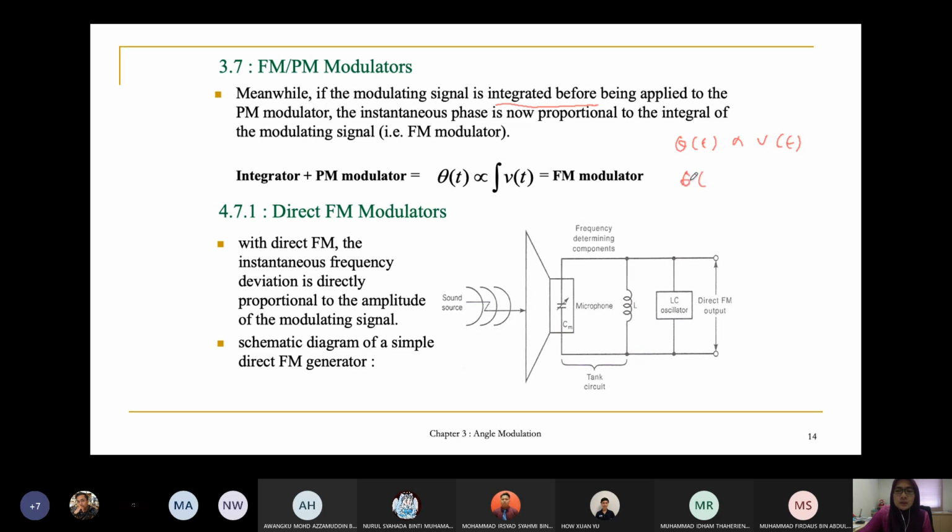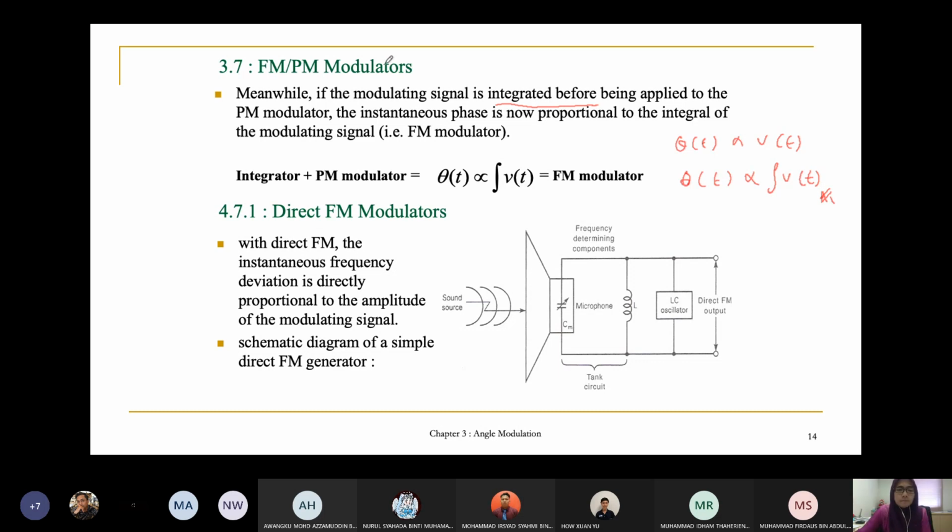Then theta t becomes directly proportional to the integral of Vt, which is the same as the FM modulator. So basically, an integrator plus a PM modulator is the same as an FM modulator.